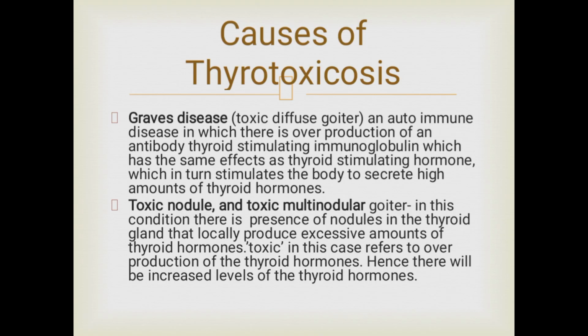So they will disturb the production of the thyroid hormones, which are T3 and T4. So in this condition, there is presence of nodules in the thyroid gland that locally produce an excessive amount of thyroid hormones, where toxic refers to overproduction of thyroid hormones. Hence, there will be increased levels of T3 and T4. So that is Graves' disease and the toxic nodules.